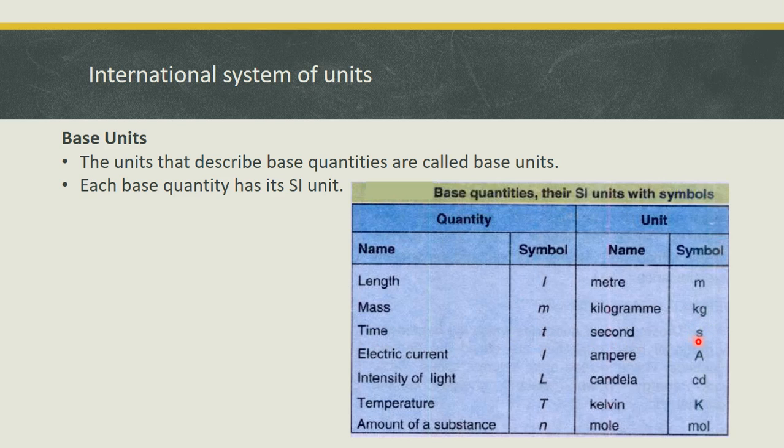Electric current is represented by I. Remember, this is small l and this is capital I. So capital I is used for the symbol of electric current, and its unit is ampere, which is represented by capital A. Similarly, intensity of light is represented by L, and the unit of intensity of light is candela, and the symbol of its unit is cd.